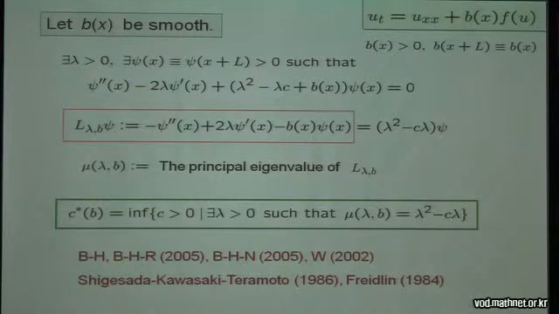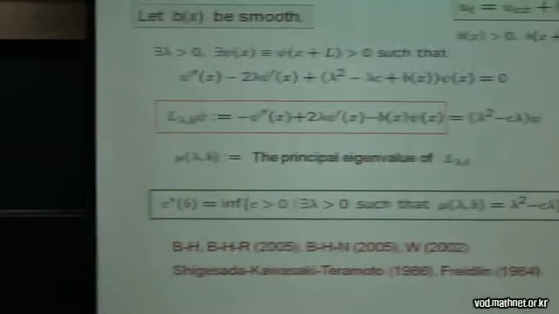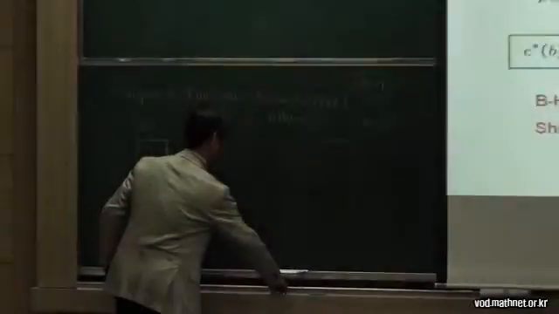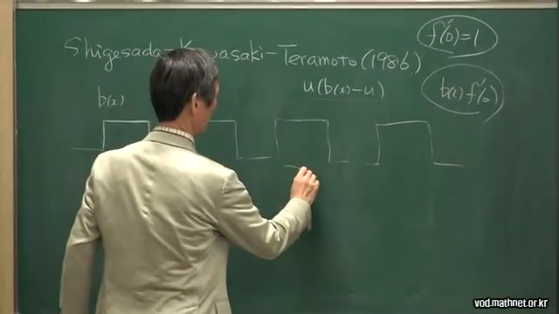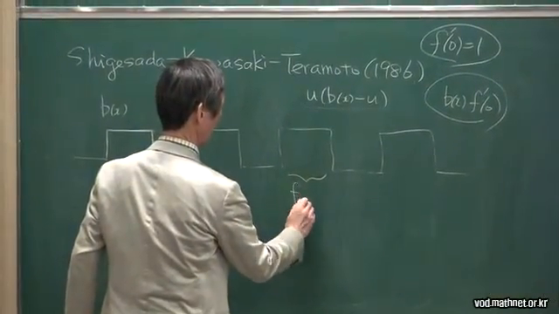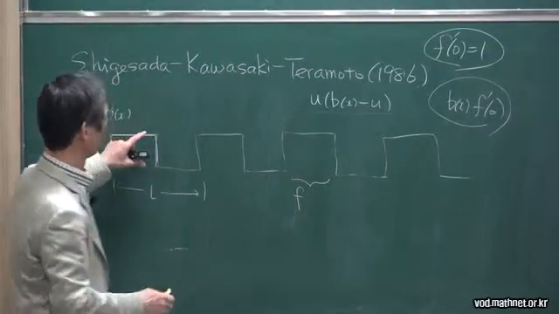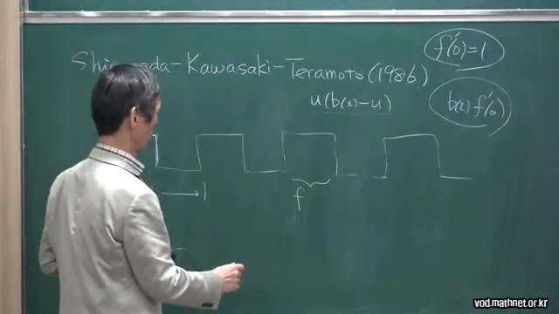Population is extremely small. So what does it mean? There is an area where B is, let's say, 1 here and 0 here.